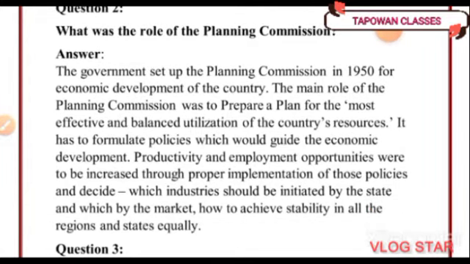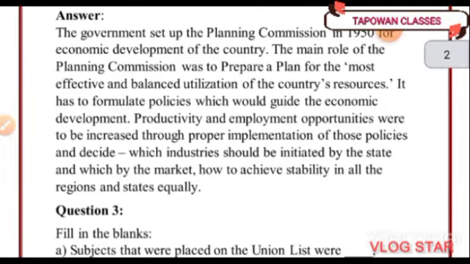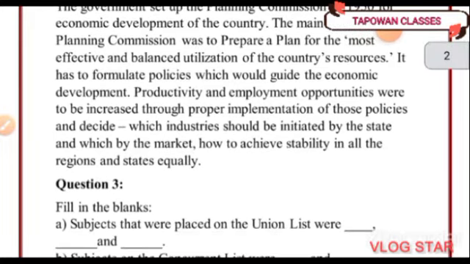Answer: the government set up the Planning Commission in 1950 for the economic development of the country. The main role of the Planning Commission was to prepare a plan for the most effective and balanced utilization of the country's resources. It had to formulate policies which would guide the economic development.